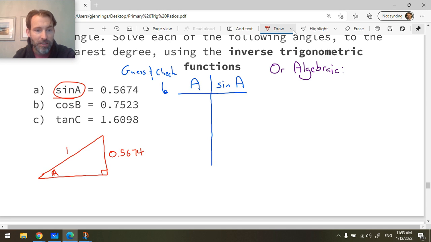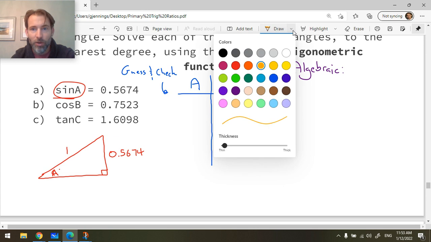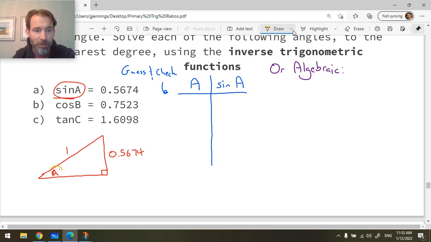This is the angle A, and if I analyze this angle and think about what the different sides mean to this angle, this is opposite that side, and this is the hypotenuse. The hypotenuse is 1, and this is the opposite. So sine A is equal to opposite over hypotenuse, SOHCAHTOA, S-O-H.